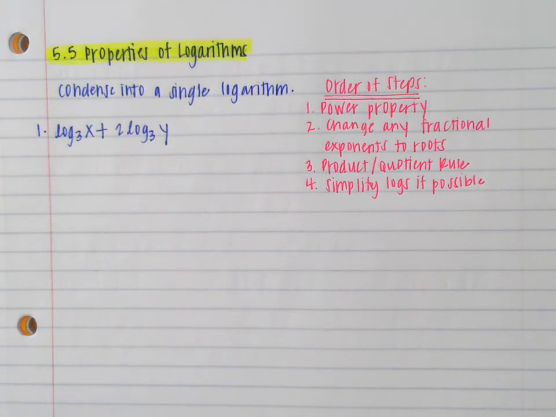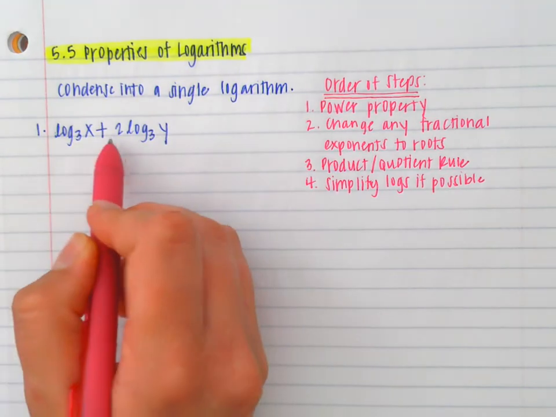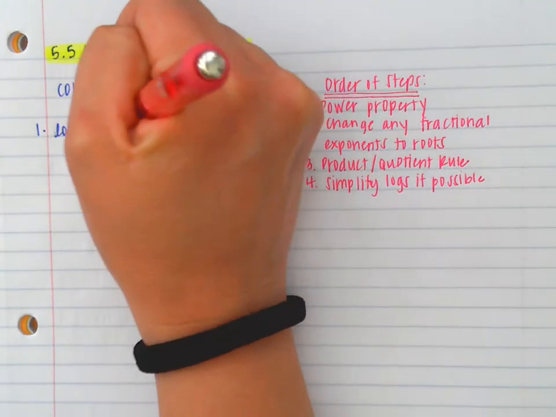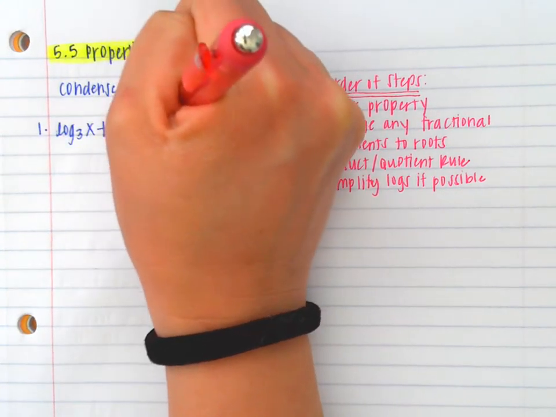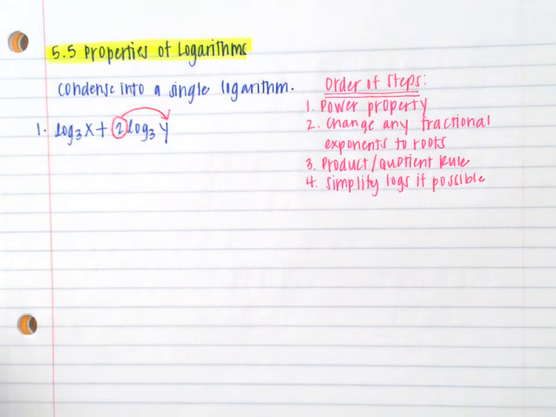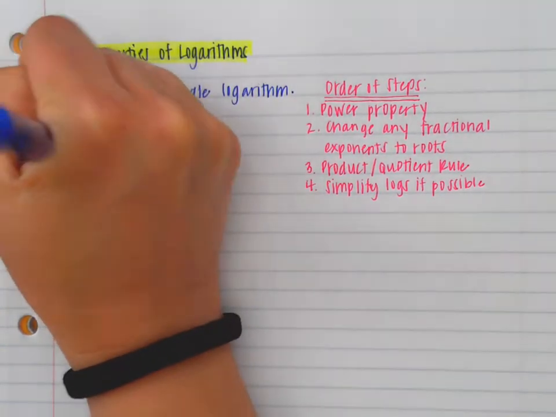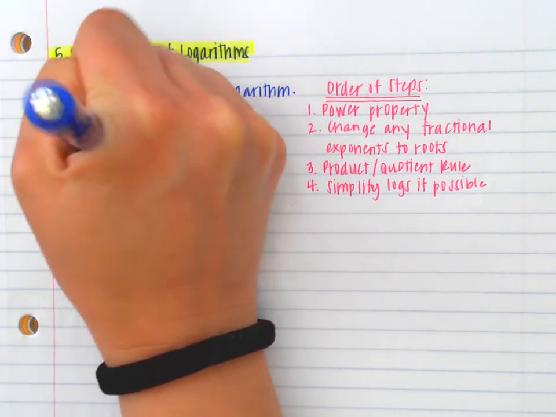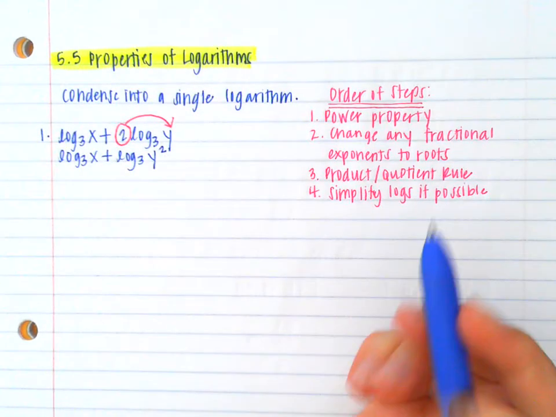First thing I would do is see, are there any numbers out front that I can move to a power? So the power property, like I said, is our first step. There isn't a number here, but there is a number here. So what we're going to do is basically undo the power property. We're going to move it as an exponent. So log base 3 of x plus, now that's going to become y squared.